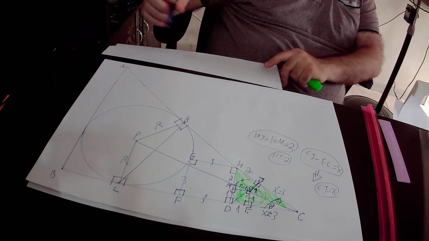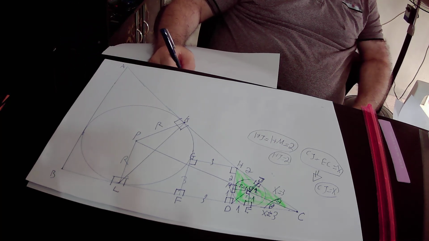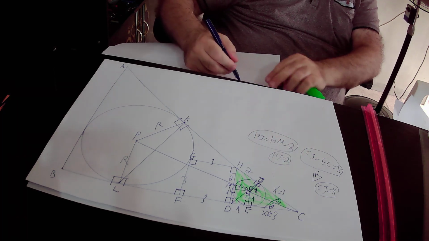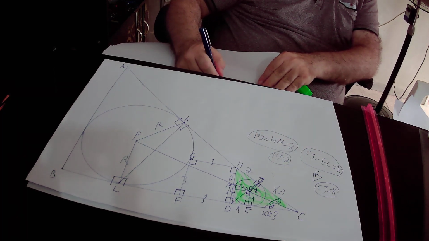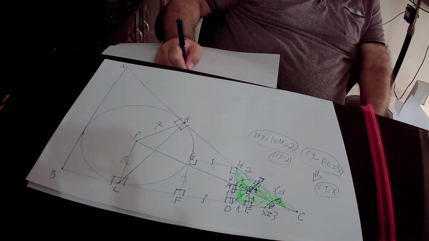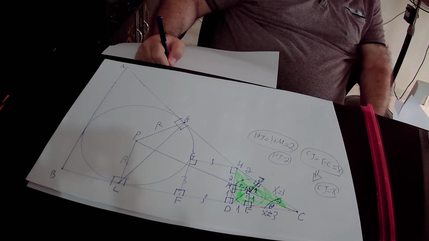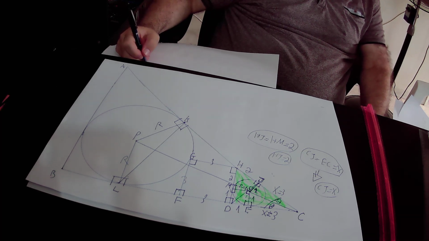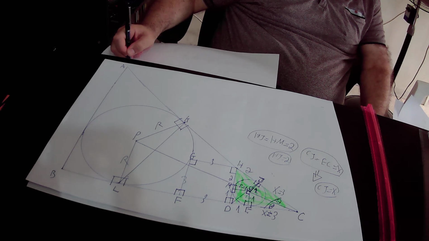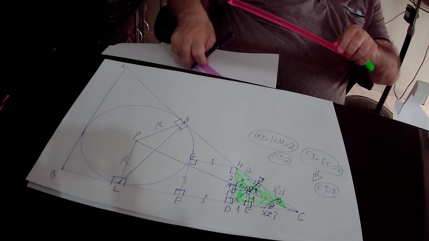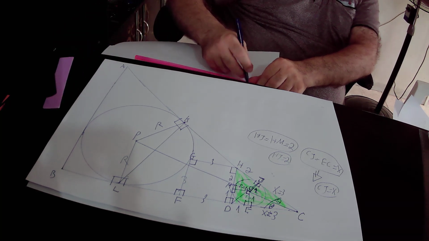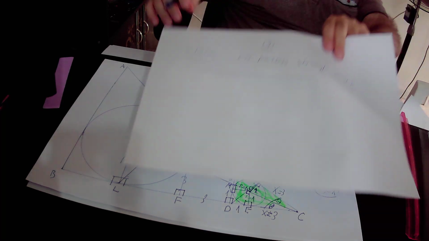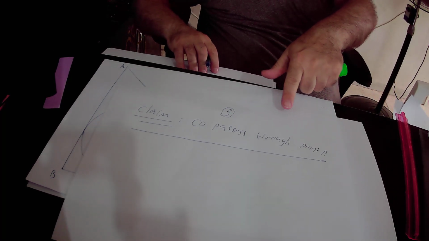Our claim is that this angle bisector CO passes through point P.